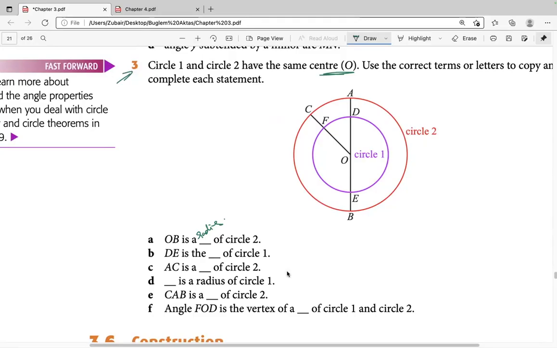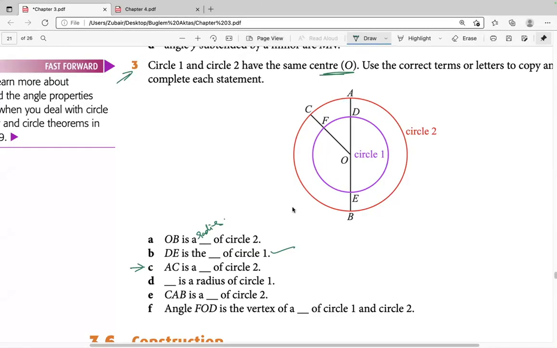AC is, C part. AC is a minor... You got stuck.